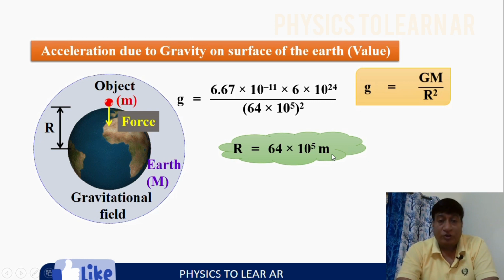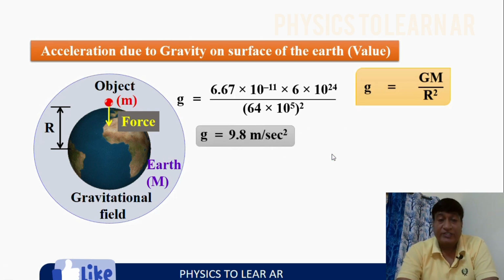By substituting all these values we get small g equal to 9.8 meter per second square. In some cases, for calculation purposes, we can use small g as nearly equal to 10 meter per second square.